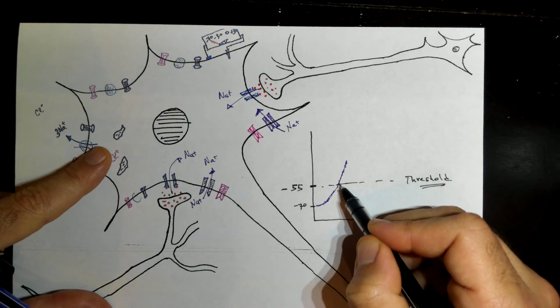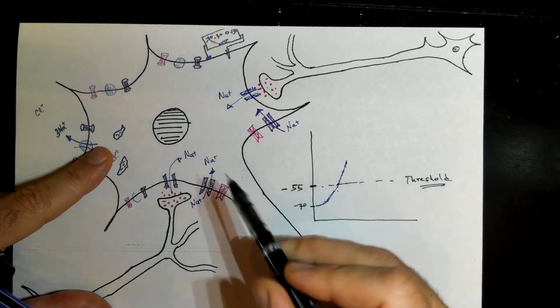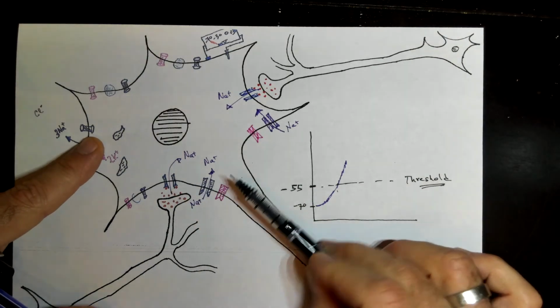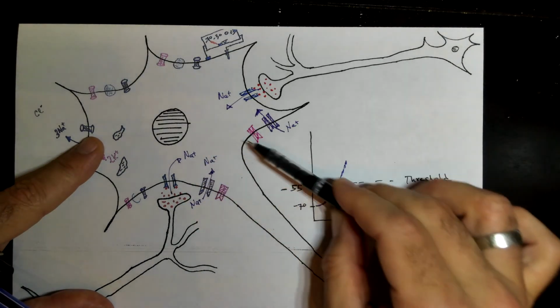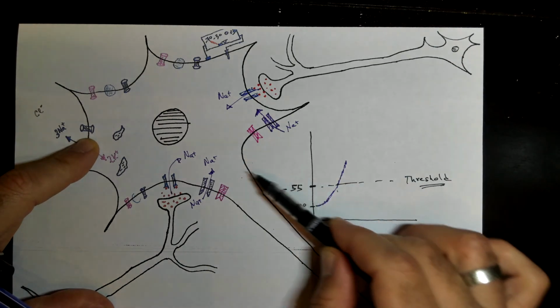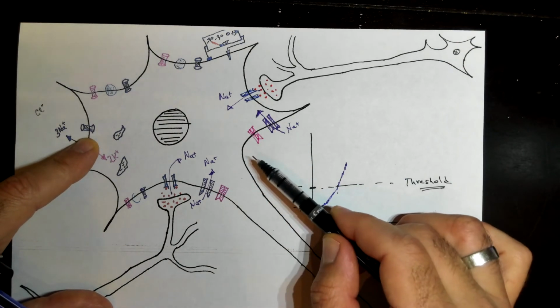But if you hit that minus 55, this neuron feels that much bigger signal, and channels start to open much, much more, and ions start to flow in much, much greater numbers.